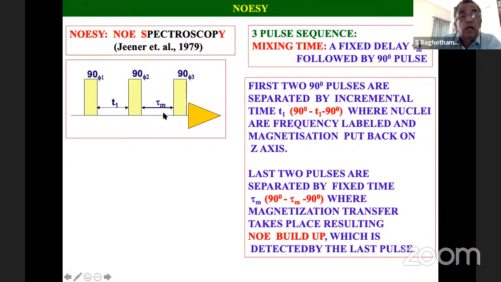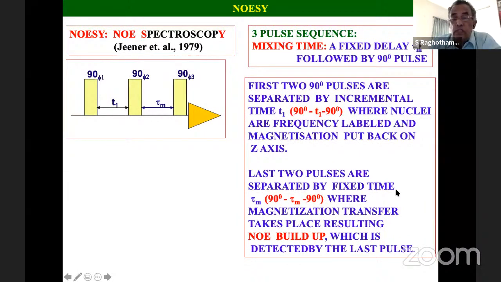Now, during this time, they exchange magnetization between the nearby nuclei. And that is how they alter the population in the longitudinal plane. Once that exchange takes place, you eventually detect and accumulate your data.